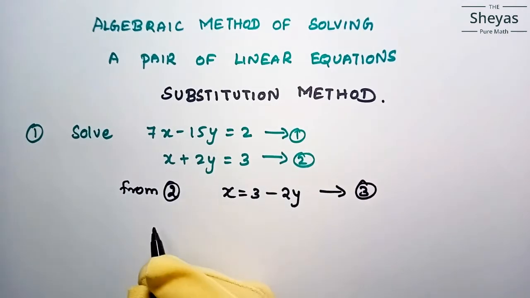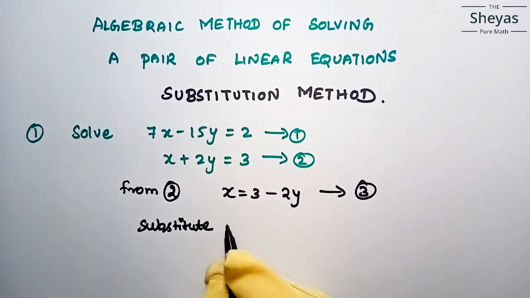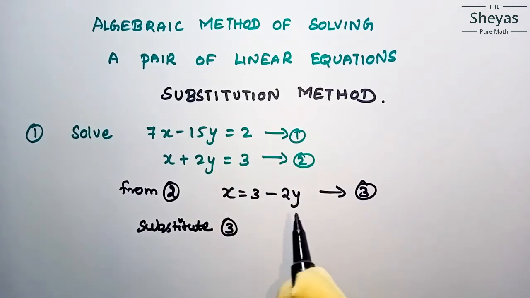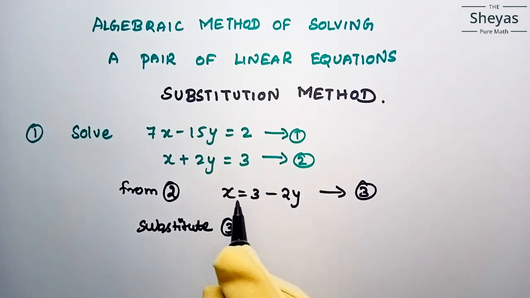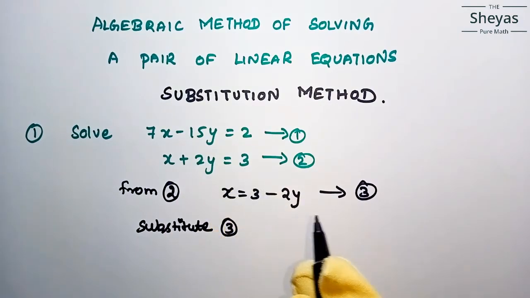Now substitute 3 in 1. You are taking one value and substituting it in the first. So you are taking the x value from the second equation and you have marked it as third.